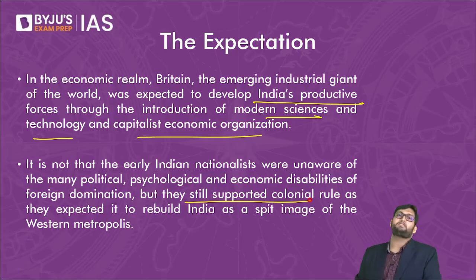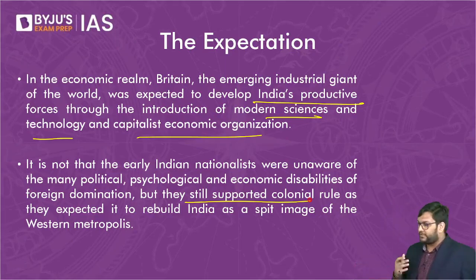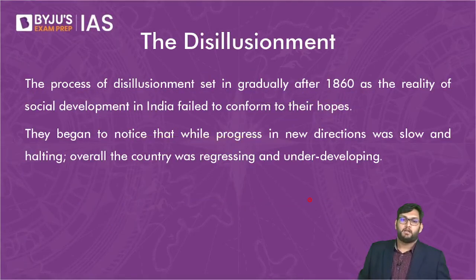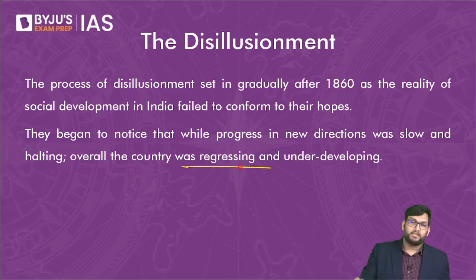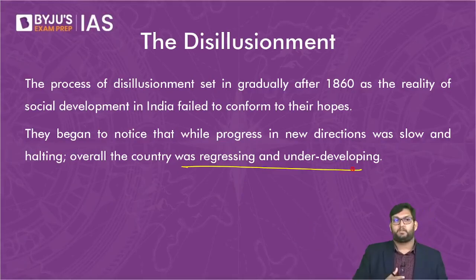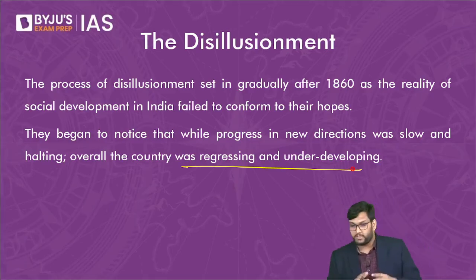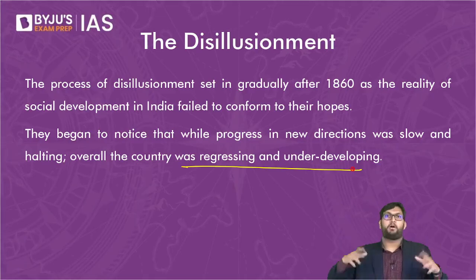The expectation was that after all the famines and deindustrialization, maybe the result would be a very developed Indian subcontinent, a very modern civilization. However, the disillusionment comes in the 1860s. By then, it became clear that the way India is developing, it is not going forward but rather regressing. So this slow but sure realization means that the basic illusion of development is gone.